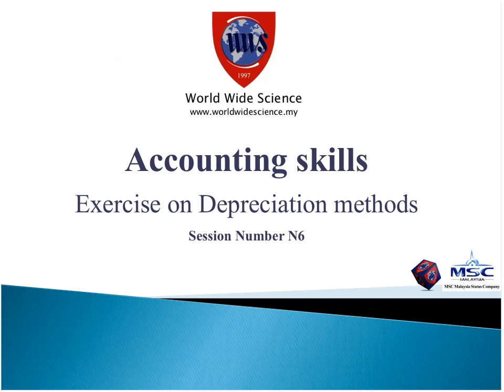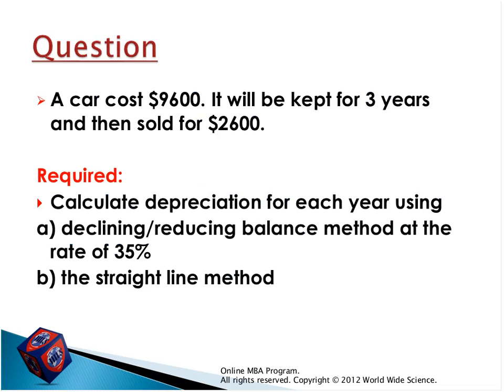So here is the question. Question one: a car costs 9,600, so the original cost of the car is 9,600. It will be kept for 2 years and then sold for 2,600.